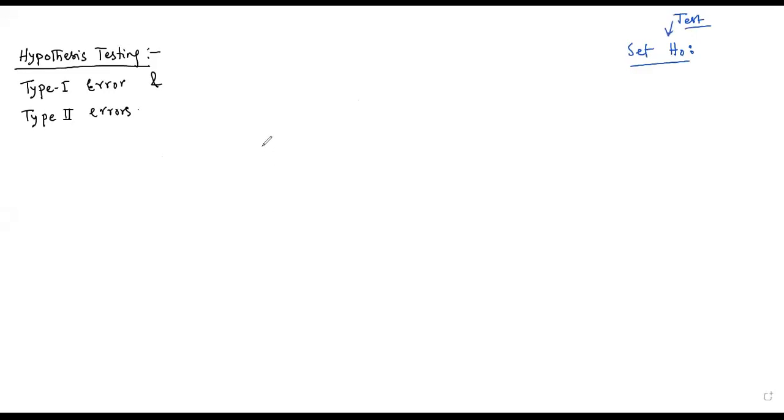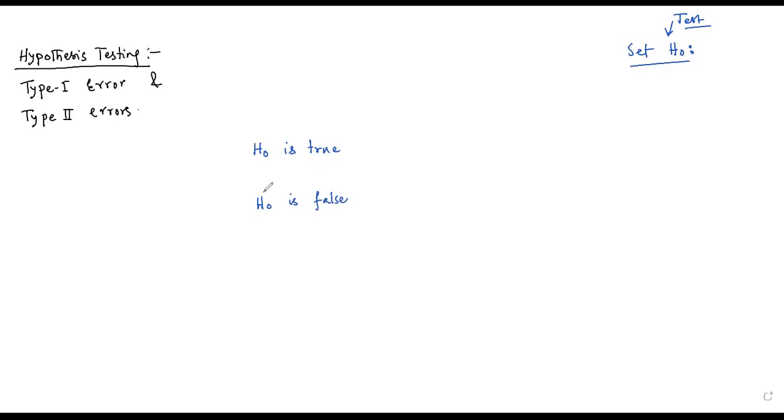One thing is that the hypothesis that you have assumed about the population, this null hypothesis, is indeed true, or your null hypothesis is false. These two cases may arise.